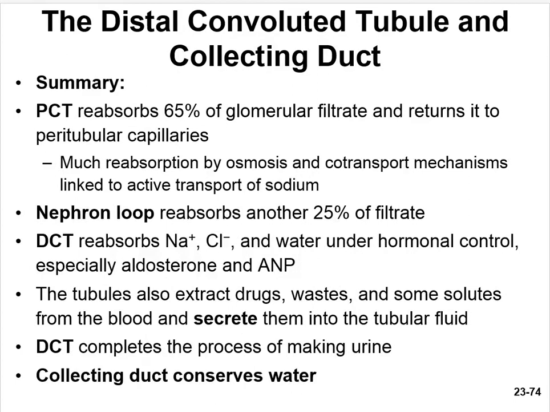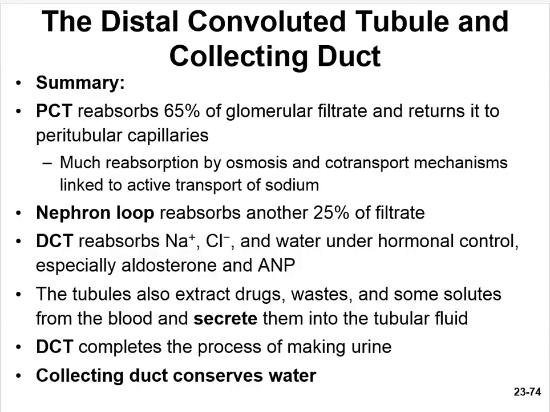So in summary, the proximal convoluted tubule reabsorbs 65% of the glomerular filtrate and returns it to the peritubular capillaries. Much of the reabsorption is by osmosis and co-transport mechanisms that are linked to active transport of sodium. Sodium is the key. The nephron loop reabsorbs another 25% of the filtrate.